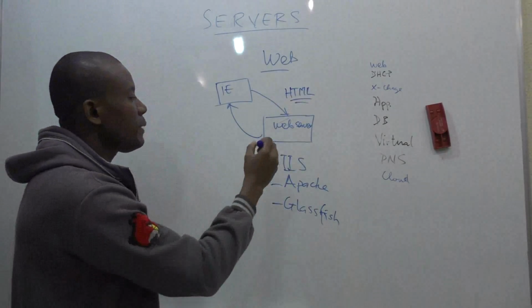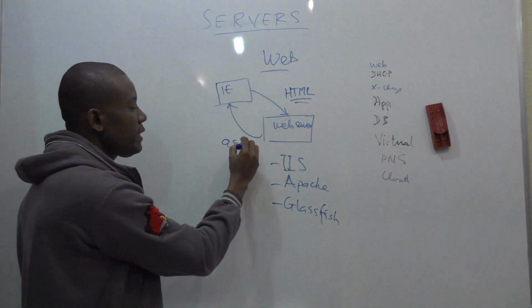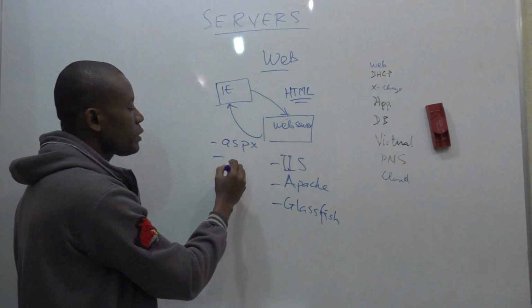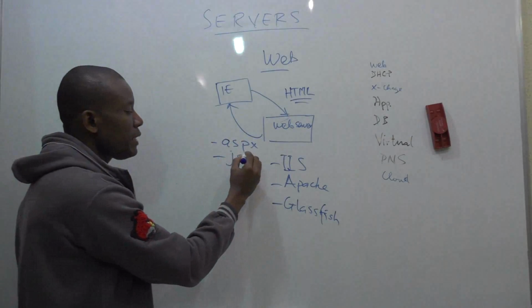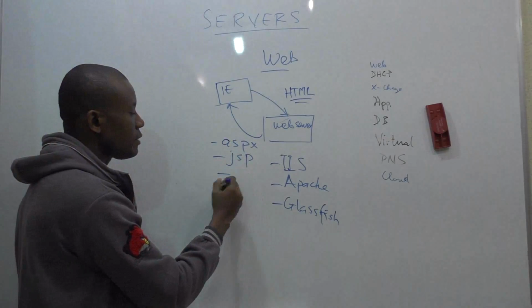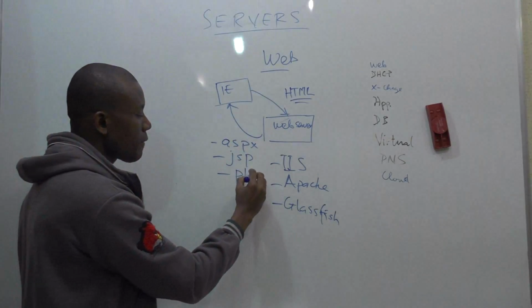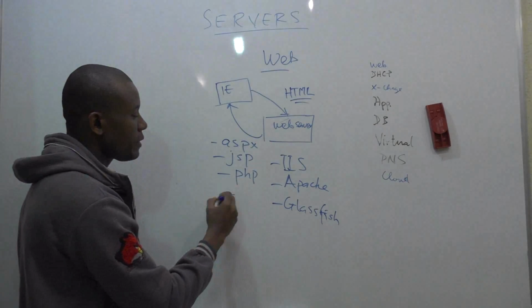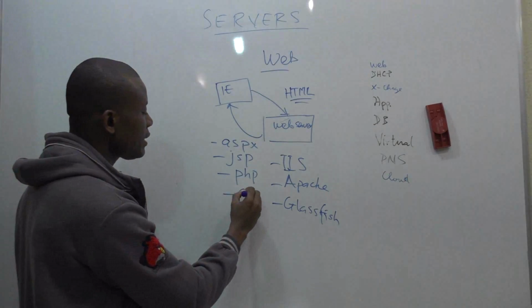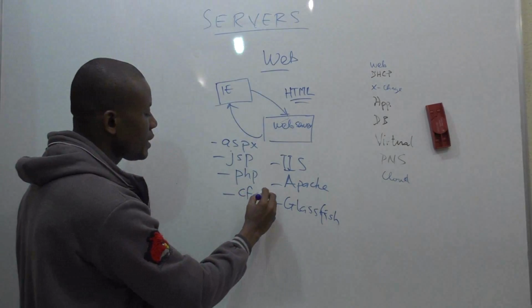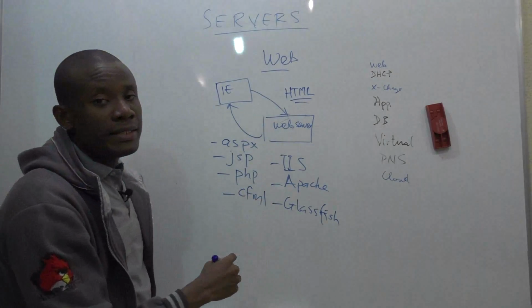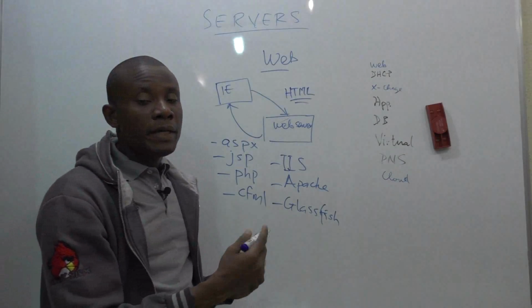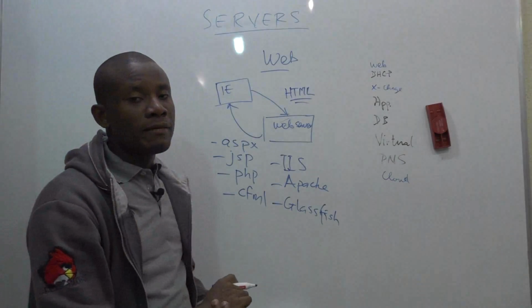Sometimes we may have pages like ASPX. We may also have JSP. We may have PHP. We may have something like Cold Fusion Markup, CFML. These are formats of data or pages that can be served by a web server.